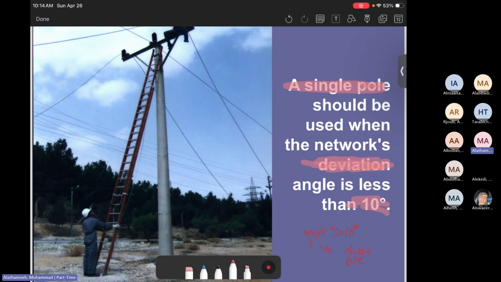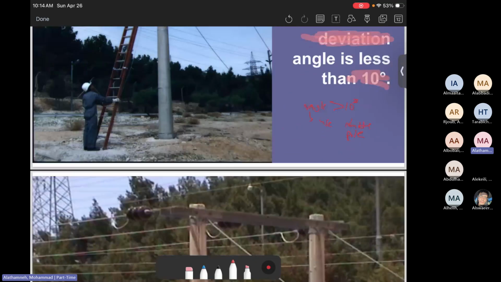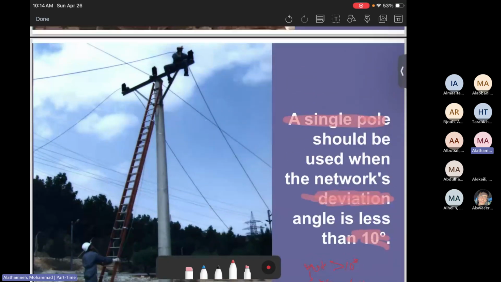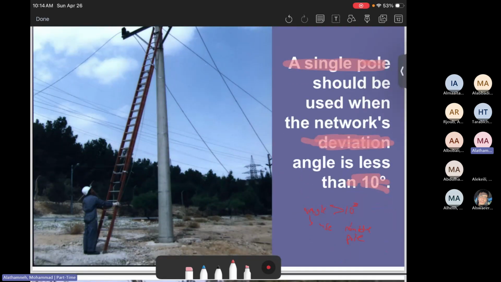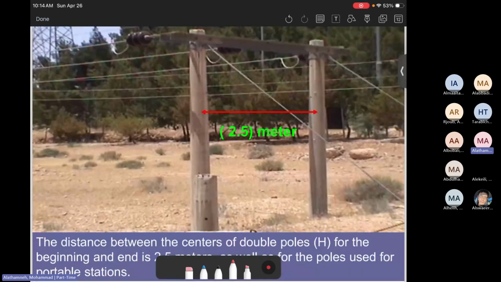That's the first thing. The second thing, if you have a substation on the pole, then we use a double pole as well. So there are two cases for the double pole: when we have a substation or when the angle is more than 10 degrees. What do I mean by a substation? I will talk about it later today.